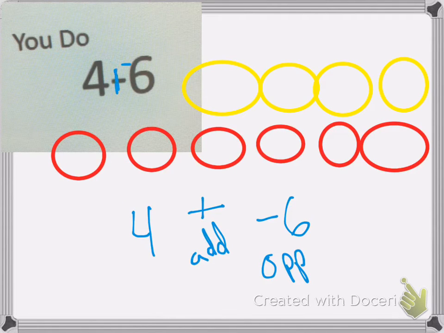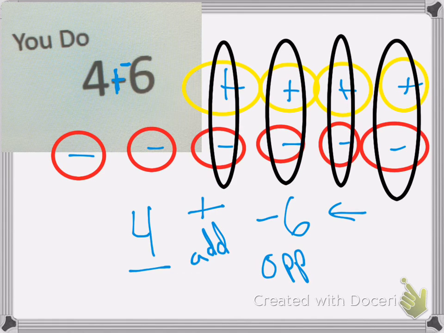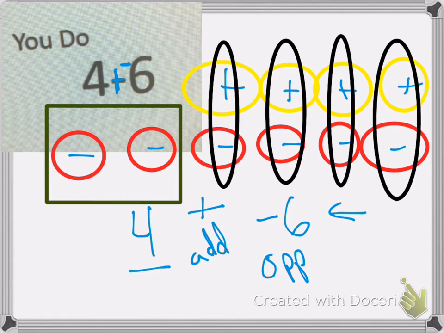So add the opposite. So that tells us we've got positive 4 and negative 6. There's our positive 4 and negative 6. And we have 0 pairs, 0, 0, 0, and 0. And so our answer is negative 2.